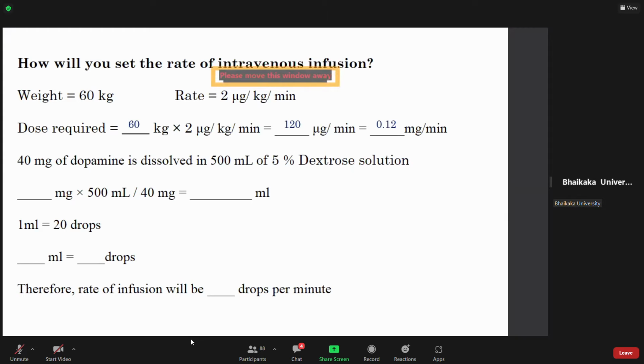So the 0.12 milligram per minute is the rate of intravenous infusion for this patient. That means you have to administer 0.12 milligram of dopamine in 1 minute.